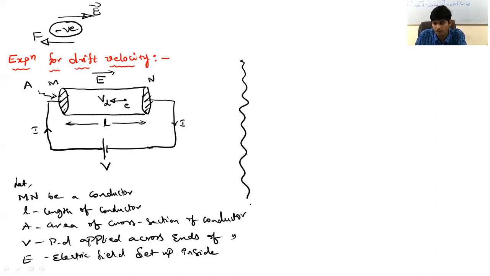Now we will calculate what is the force on the electron. See, when I connect a battery across the ends of the conductor, the battery establishes an electric field inside the conductor. The electric field will apply a force on this electron. Force on the electron is given by F is equal to minus capital E into small e.